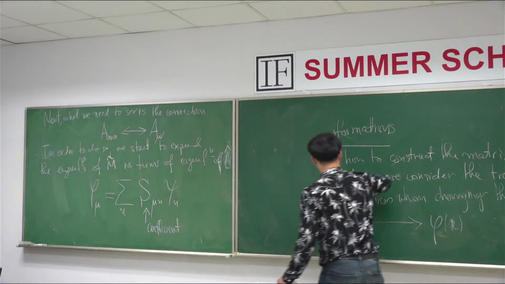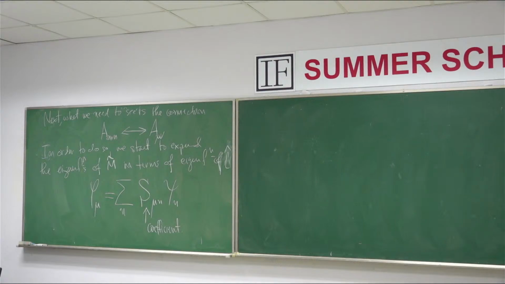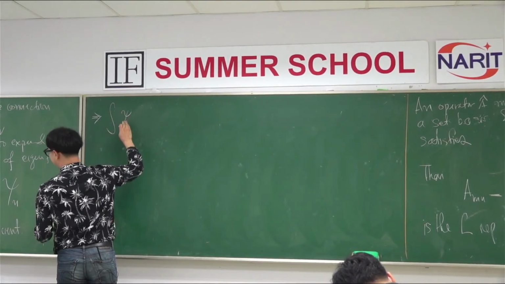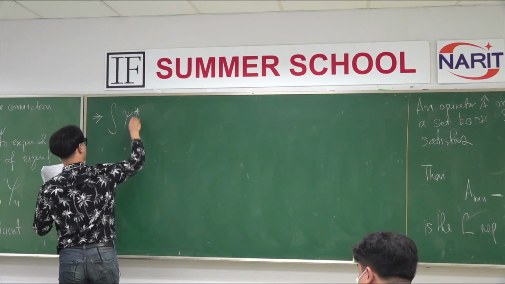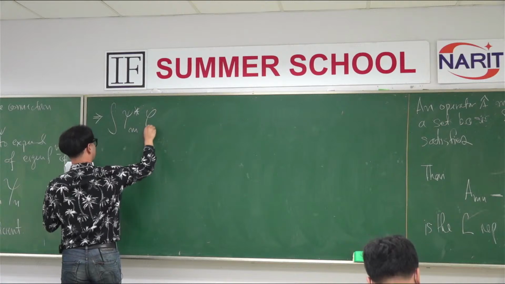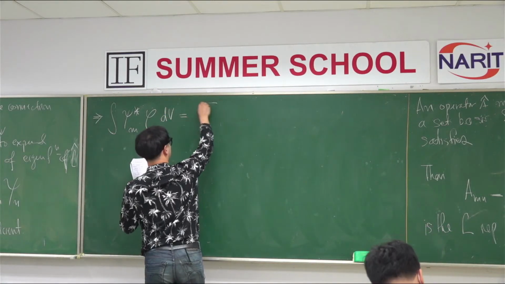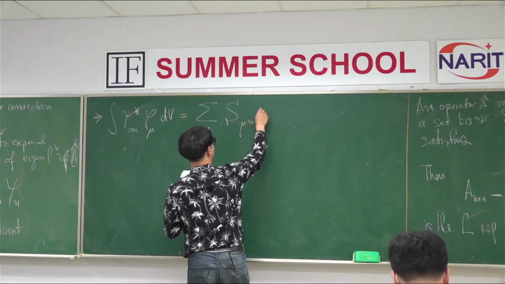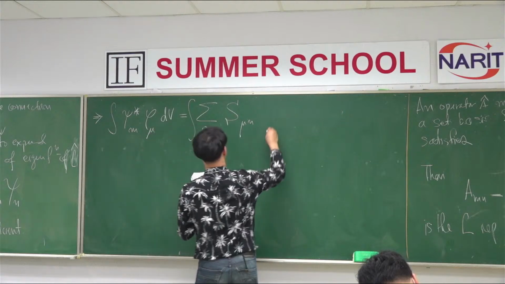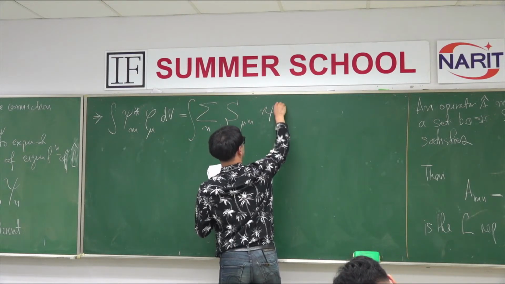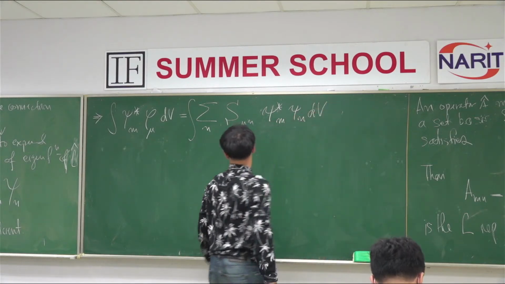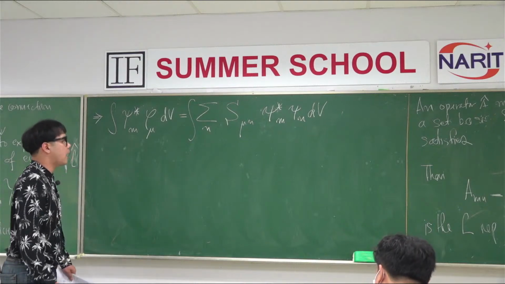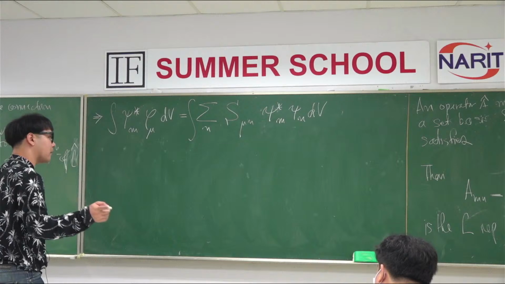So what you get is that, you put the complex conjugate of this one on the left-hand side, and then you integrate over all the volume.